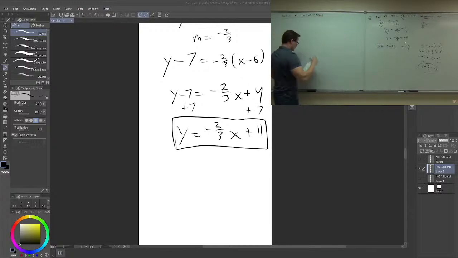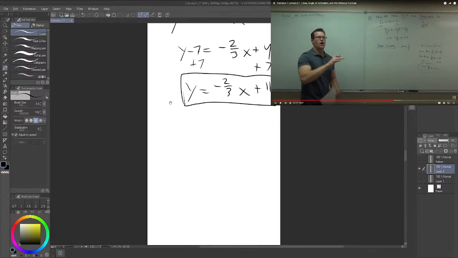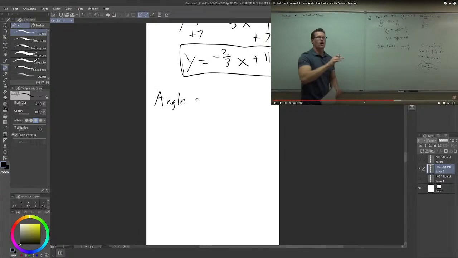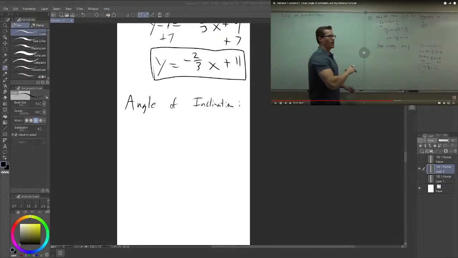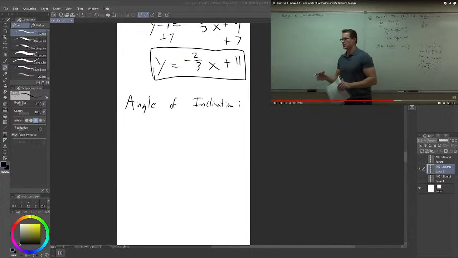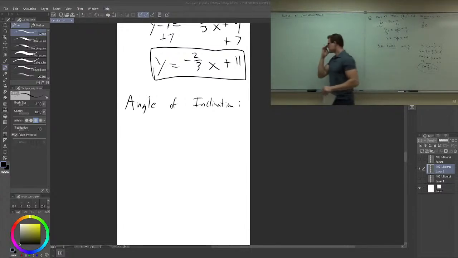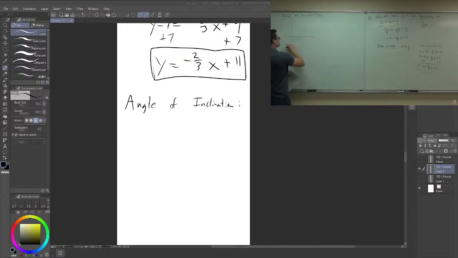Oh, my angle of inclination. Let's write that down. Angle of inclination. Let's talk about how we can use angle of inclination and relate it to a slope. We're going to start with some random line.